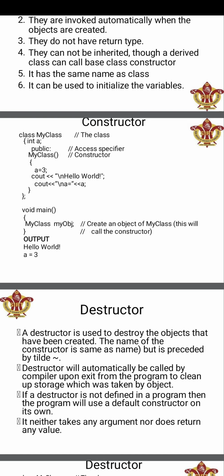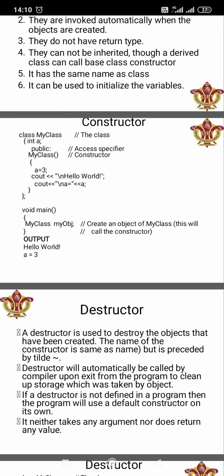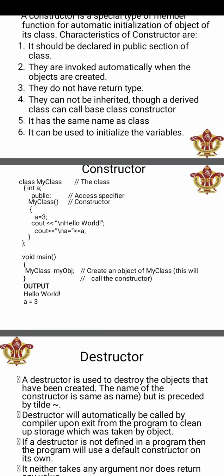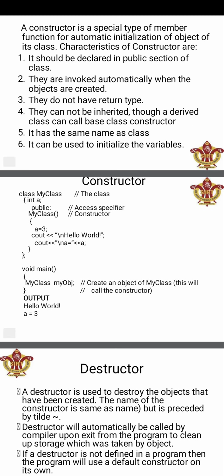Now here we have declared one function, my class, we have declared one constructor, my class, which has been specified in the public section. So just see property number 1 in the constructor: it should be declared in the public section of the class. Now see the fifth property: it has the same name as the class.